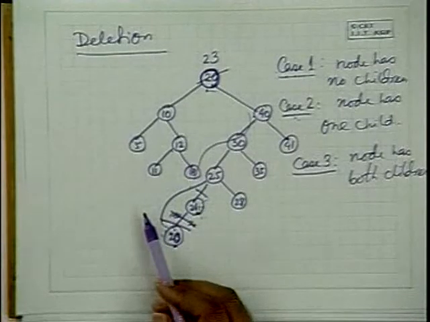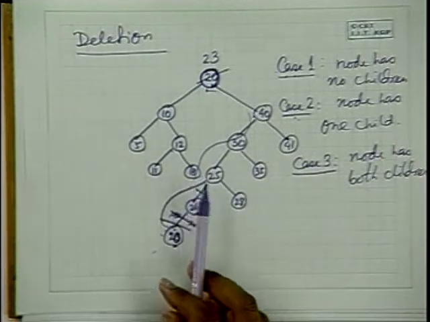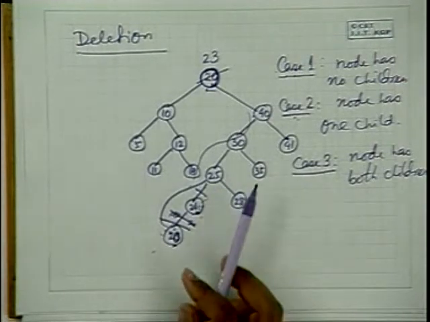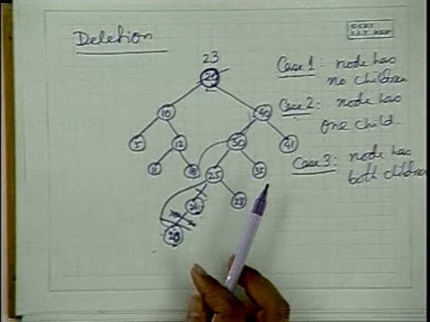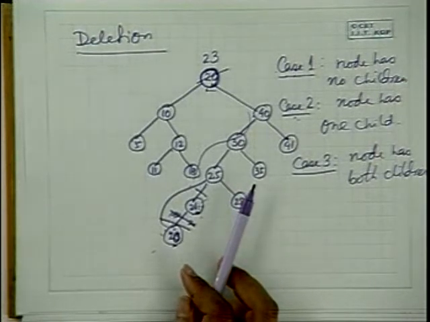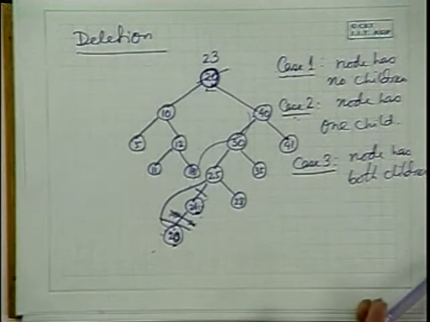Actually, instead of taking the successor, you can take the predecessor also. The function we defined for successor, you can easily modify to write the predecessor. That will be a good exercise for you. What should be the rule to find the predecessor of a node in a binary search tree? It should be very similar to the successor.